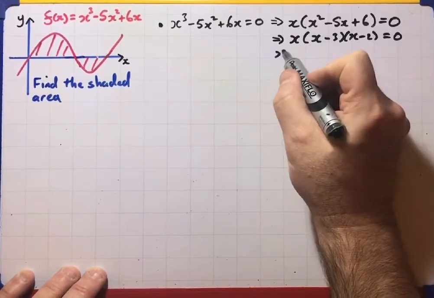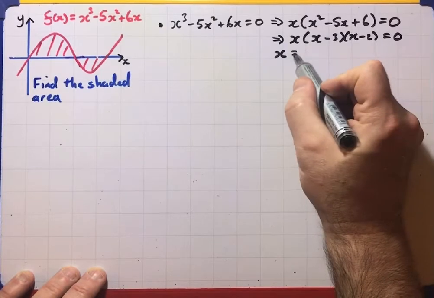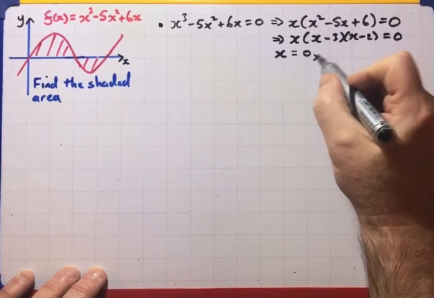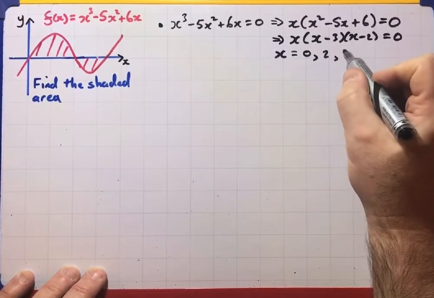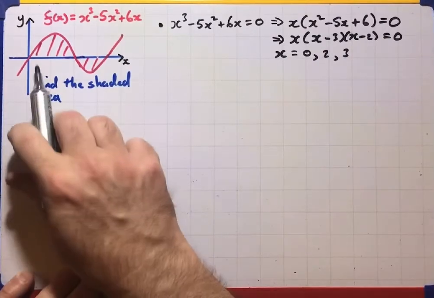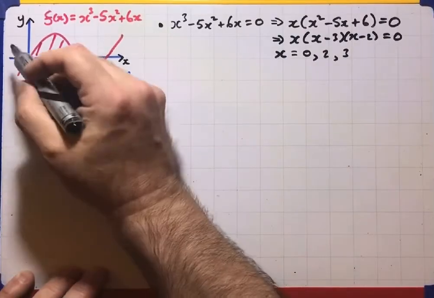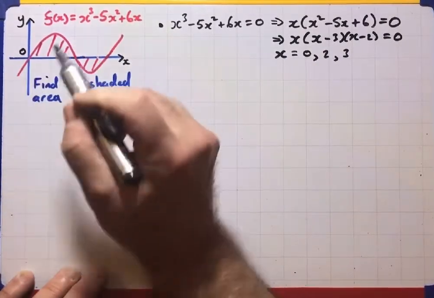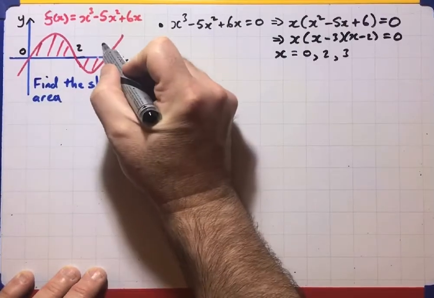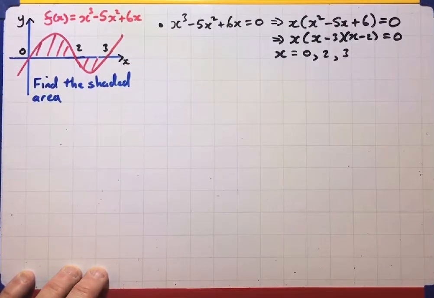So the values of x are going to be x equals 0, 2, and 3. So let's go back to our diagram and stick those on. We can see that's 0, so that ties in quite well. 2 and 3. That does seem to match quite well, so that's good.